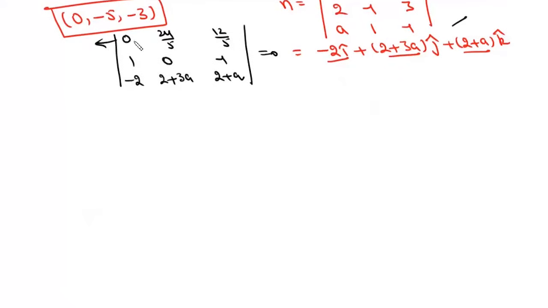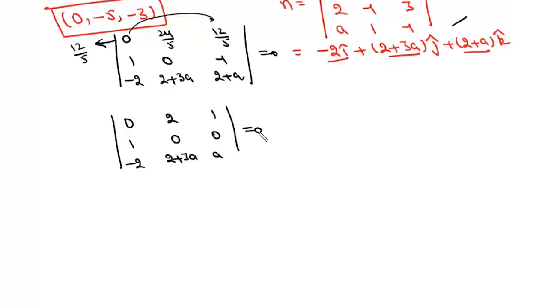Now from this first row, we'll take 12 by 5 common, and then we'll add C3 with C1. So it'll be 0, 2 and 1. This is 1, 0, 0, and here will be minus 2, 2 plus 3a, and then a, and it must be equal to 0.